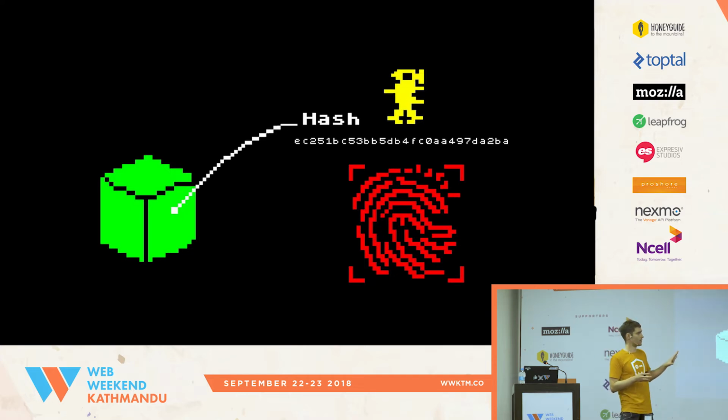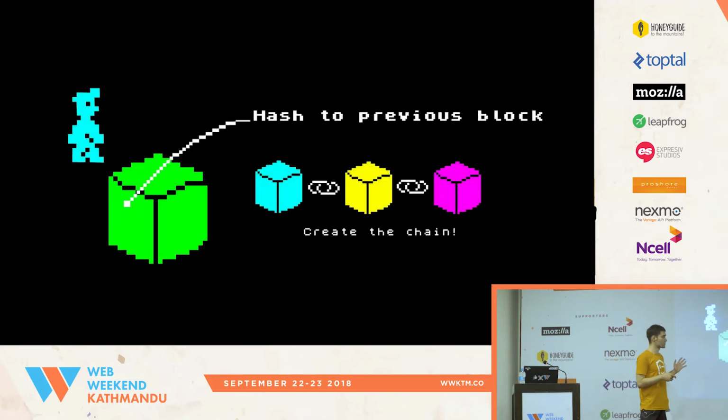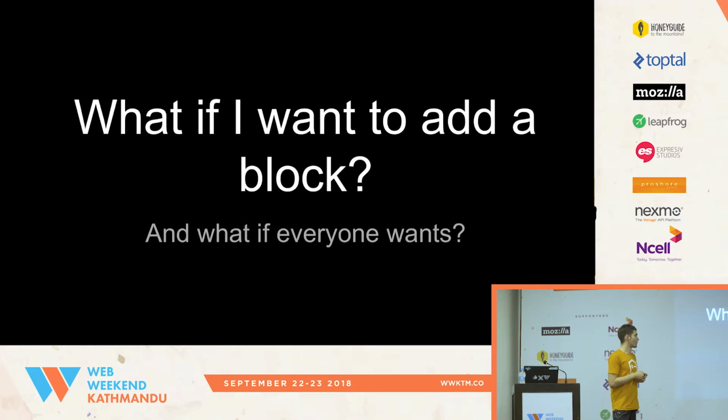So this is essentially a string which is unique for every block. And this is important. So there is a hash of the block, and the hash of the previous block, and they create a chain. One block has a reference to another, and to another, and to another, but you know, it's a linked list basically. The network is distributed. Basically every node can put a new block into the chain.